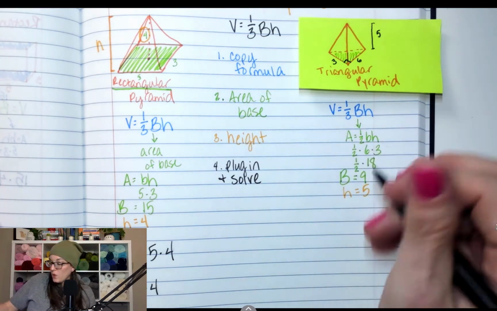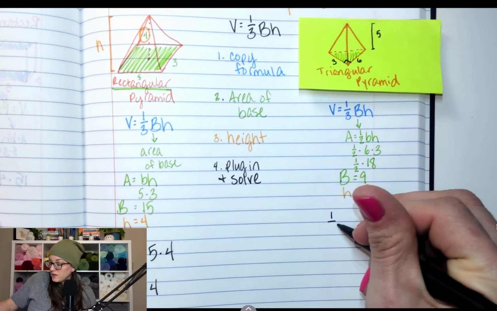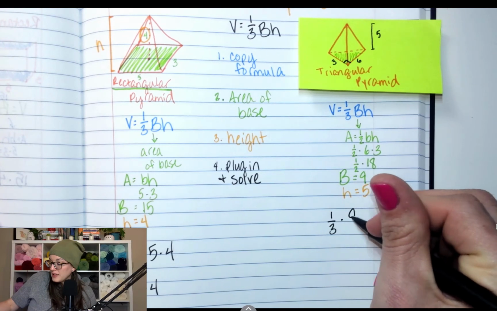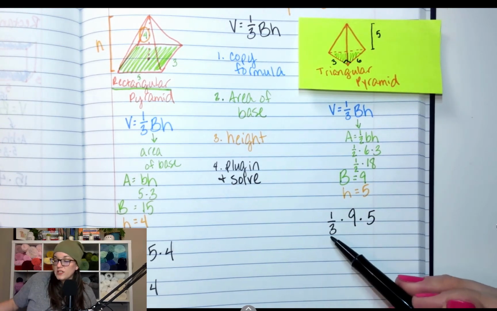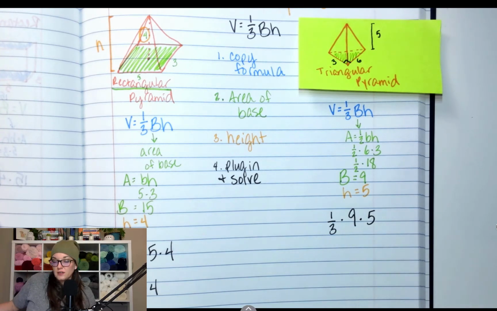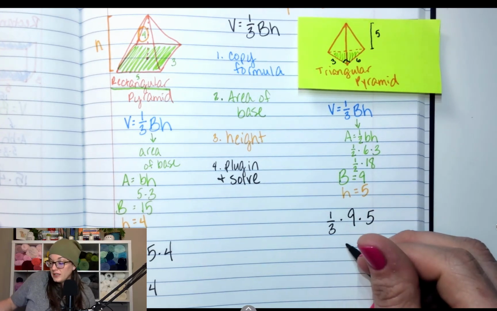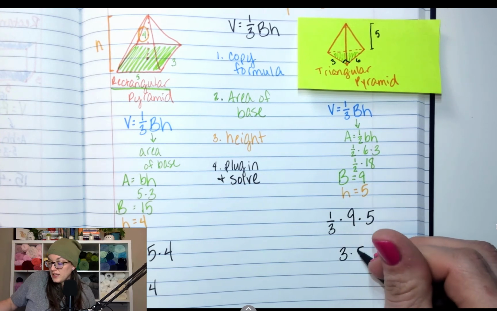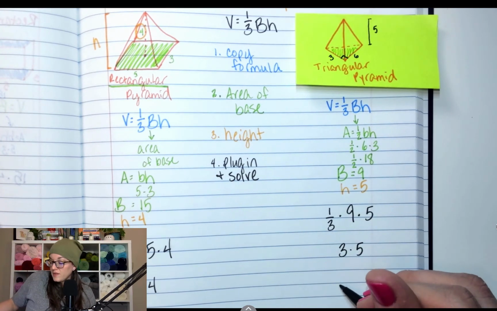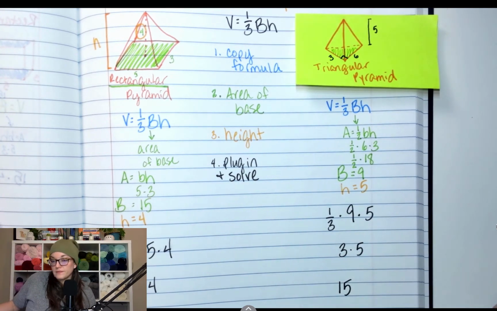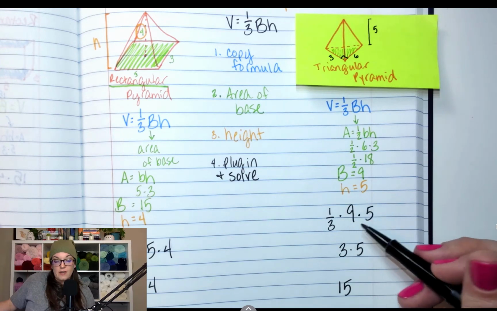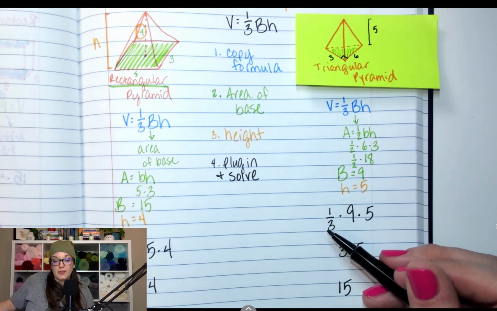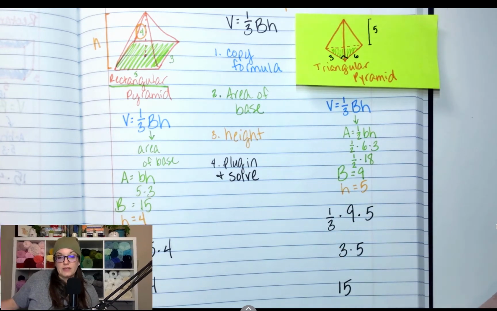So we've got 1/3, capital B is 9 and H is 5. What is 1/3 of 9? 3. And 3 times 5 is 15. Now, if I had done 9 times 5 first, 9 times 5 is 45, and 45 divided by 3 is still 15.